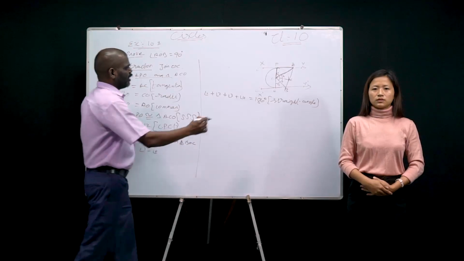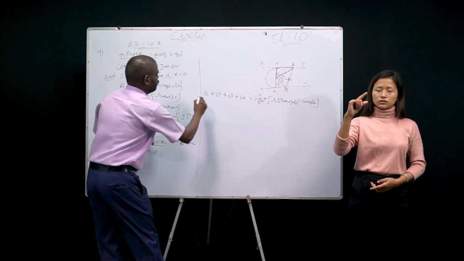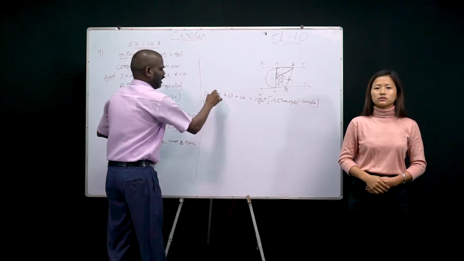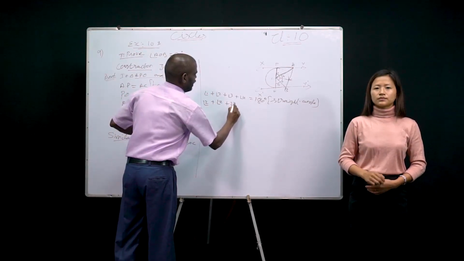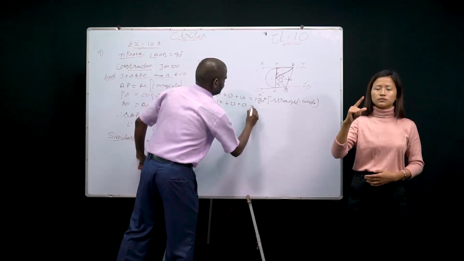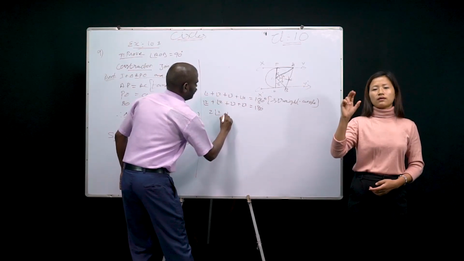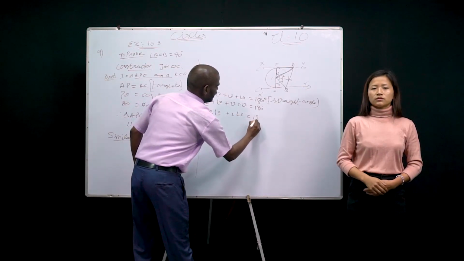Okay. Now come. In place of angle 1, shall I write angle 2? Angle 2 is already here, 3 is already here. In place of 4, shall I write angle 3? So 2 times angle 2 plus 2 times angle 3 equals 180 degrees, right?